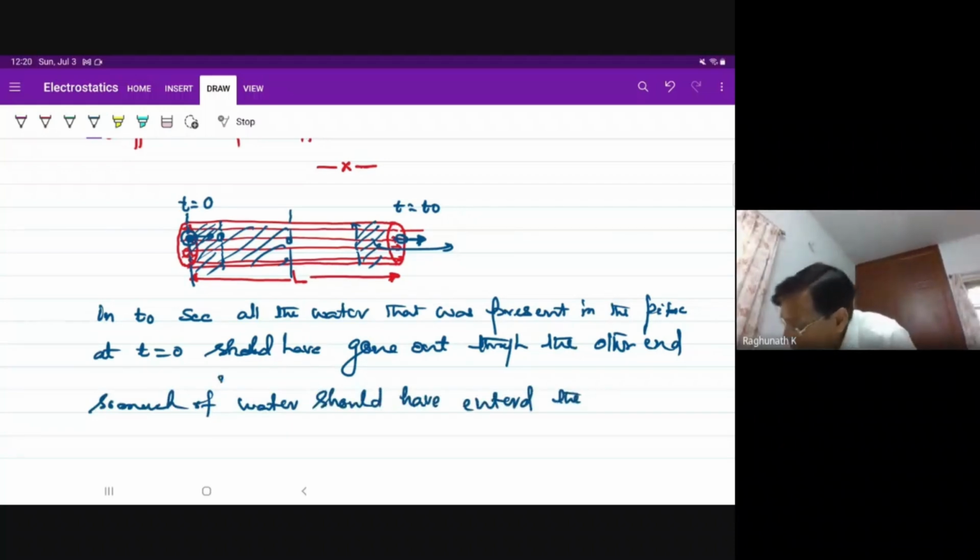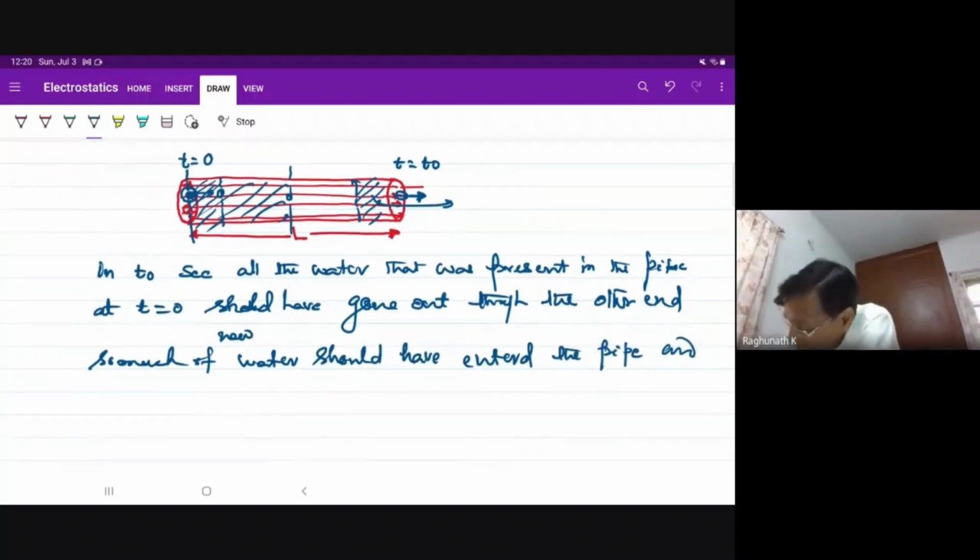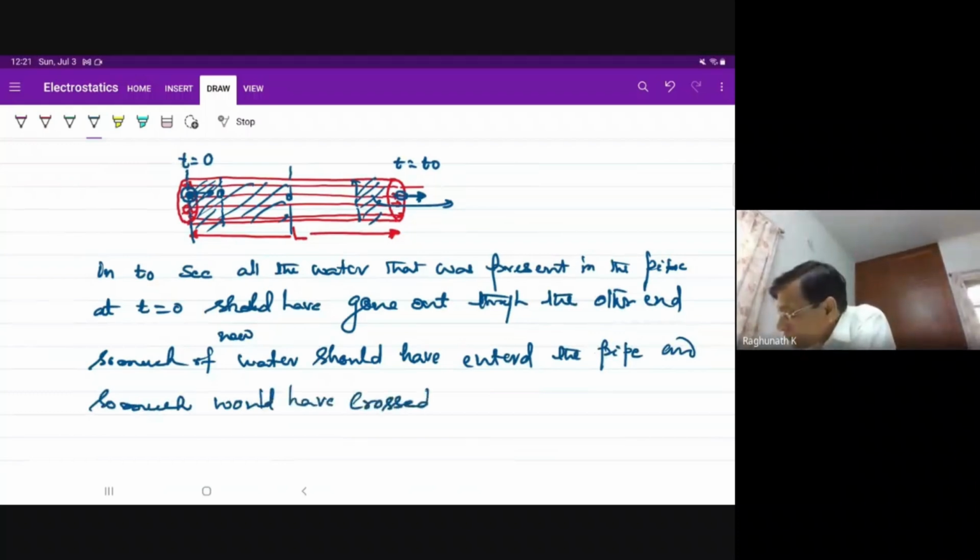So much of new water, no? And so much would have crossed any cross section. You agree with this?